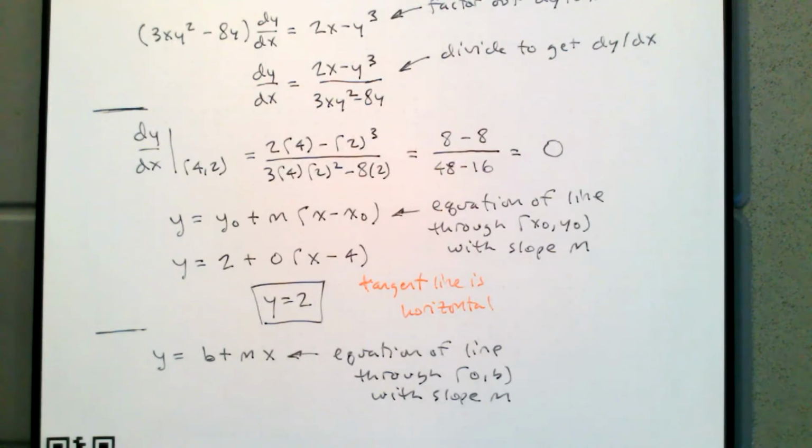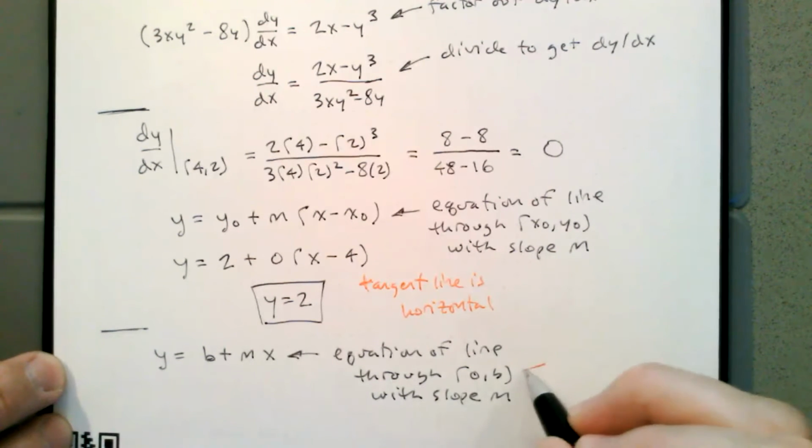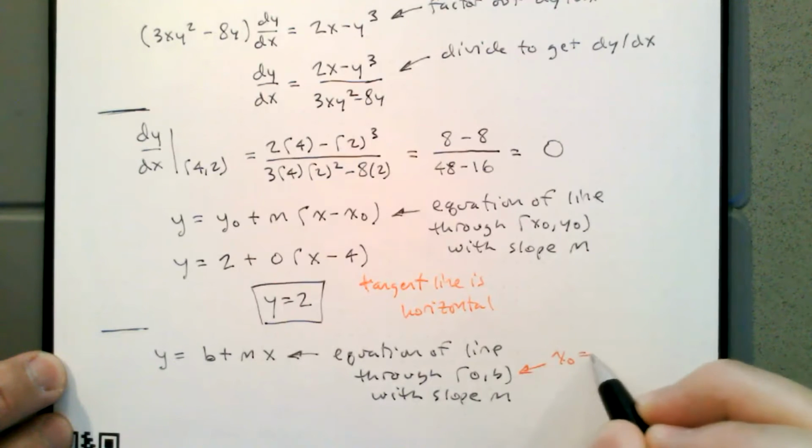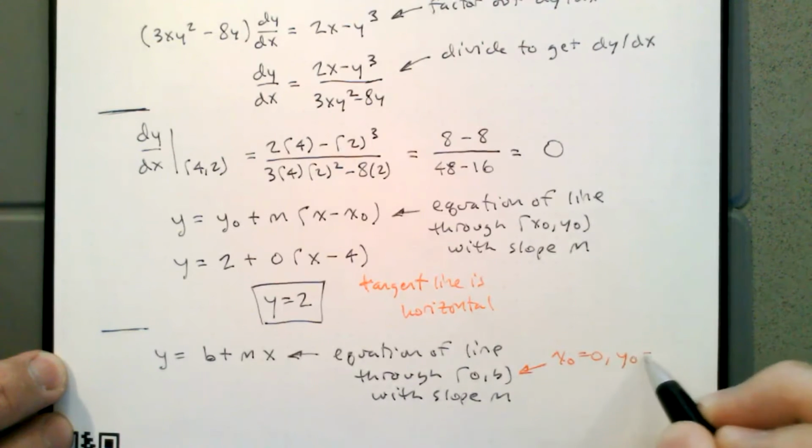This is the same thing if x naught is equal to 0 and y naught is equal to b, we have the same thing. So all we're saying here is that x naught is 0 and y naught is equal to b.